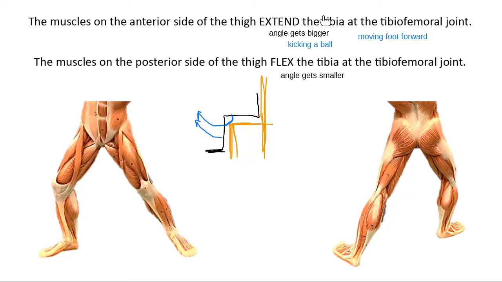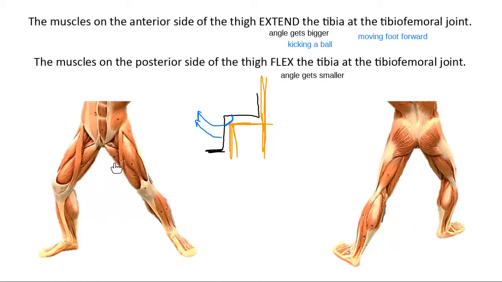Extension of the tibia. So if I ask you what these muscles do to the tibia, you would tell me that these muscles extend the tibia. They make the angle at the knee joint get bigger.